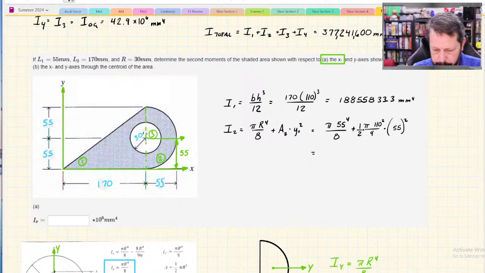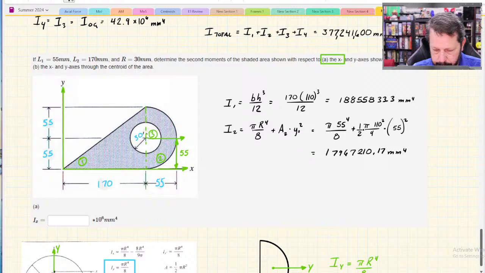Plus 55 squared times 110 squared times pi divided by 8. All right, so I think it's 17967210.17 millimeters to the 4th.